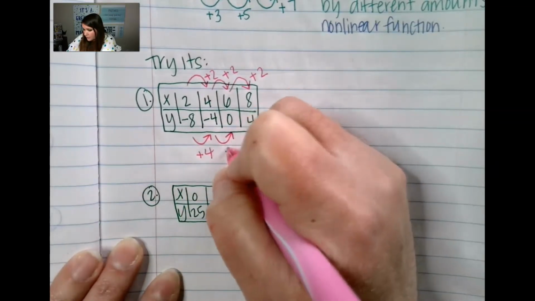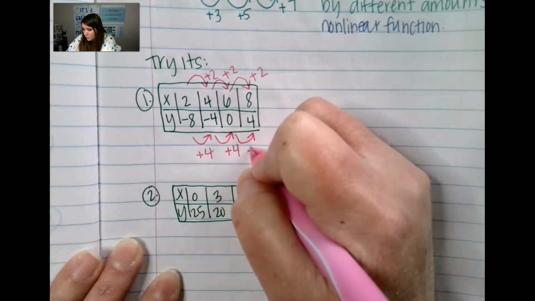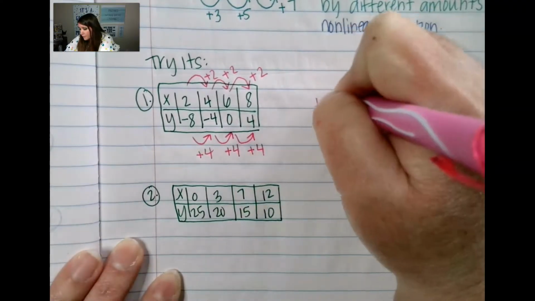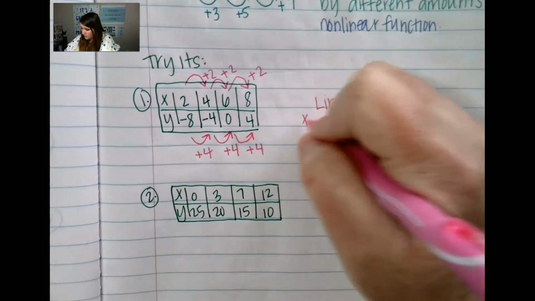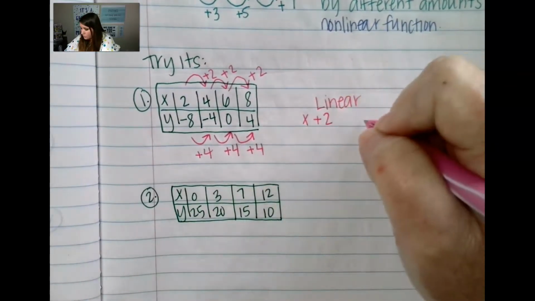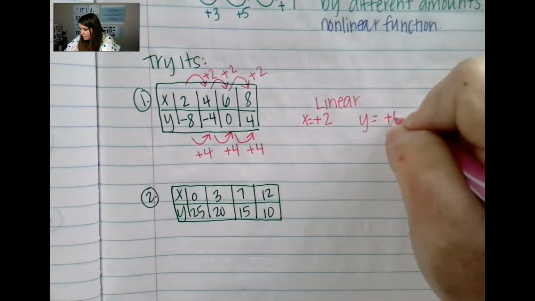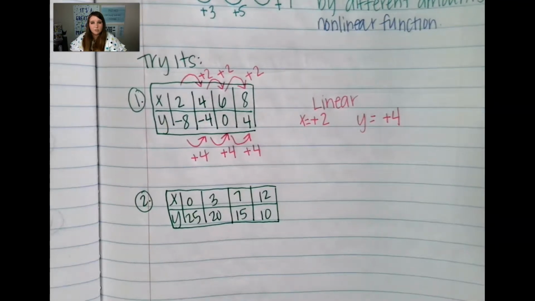Negative 4 to 0, that adds 4. 0 to 4, that also adds 4. So this one is linear. It's linear because x adds 2 and y adds 4. So it is constant rate of change.